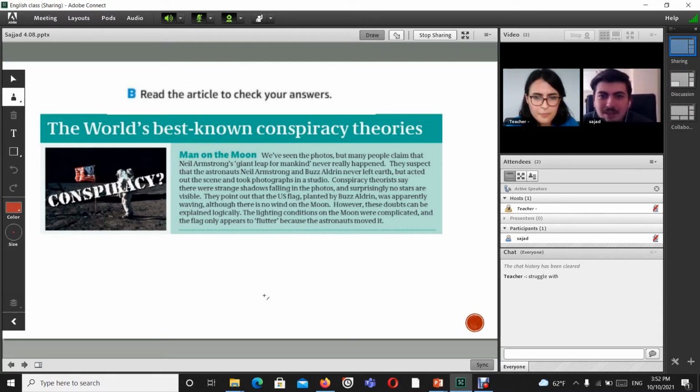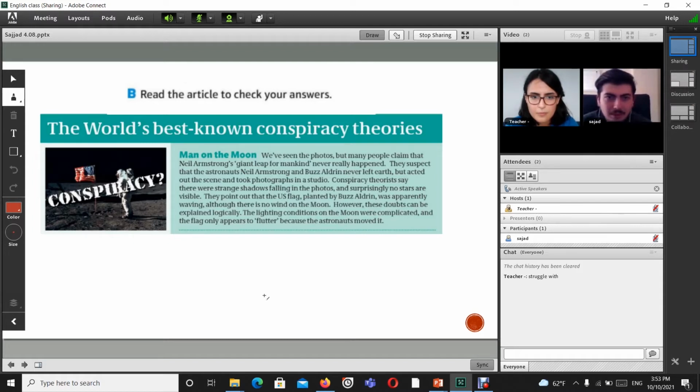Okay. This is the photo, but many people claim that Neil Armstrong never really went to the moon, but acted the scene and photographed it in a studio.